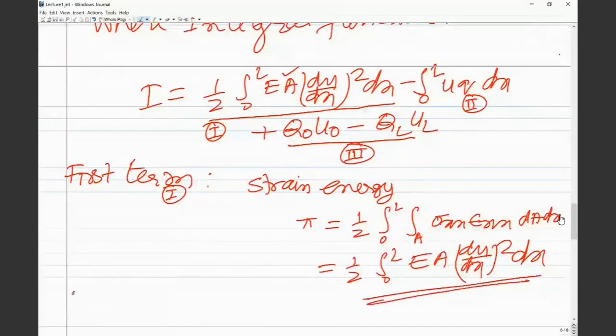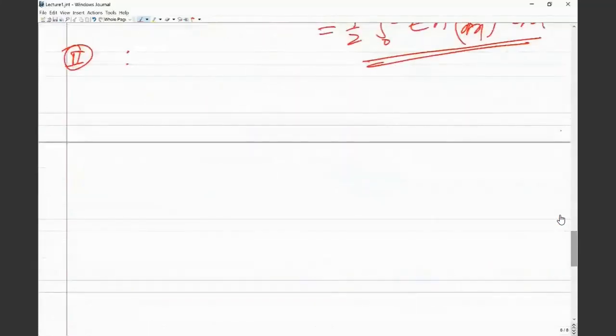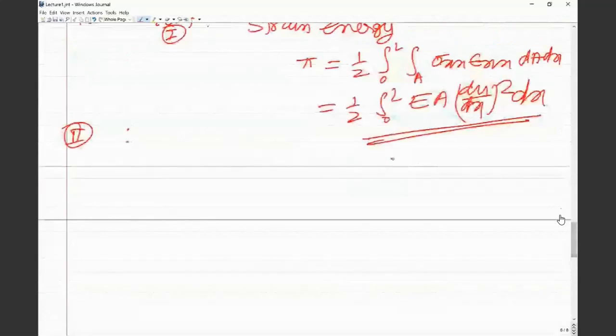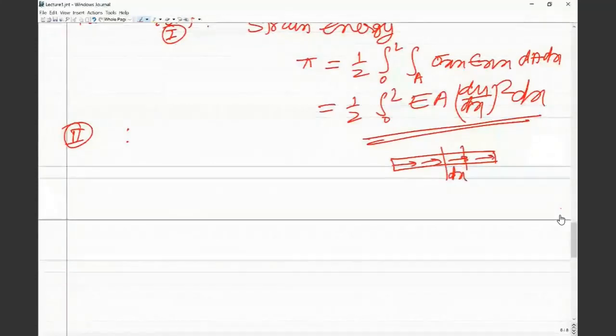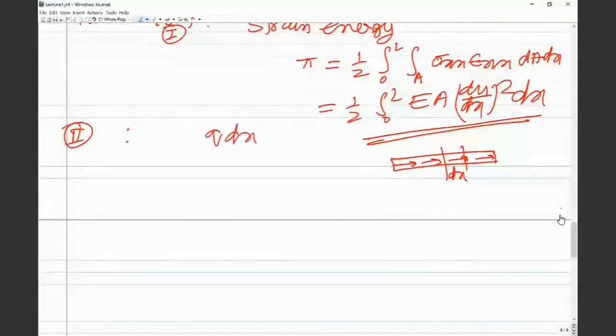Now the second term is actually the potential of a distributed load. If you talk of this rod, and in the rod there is a distributed force Q, and you take a small element of length dx, the total force in that length would be Q into dx, because Q is force per unit length over a small differential length dx.